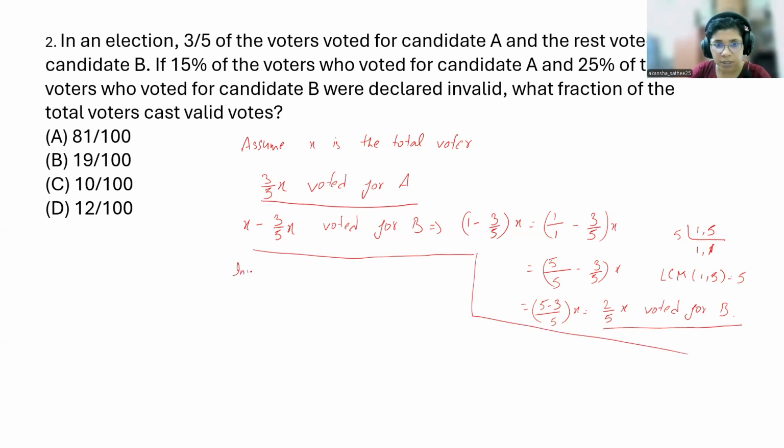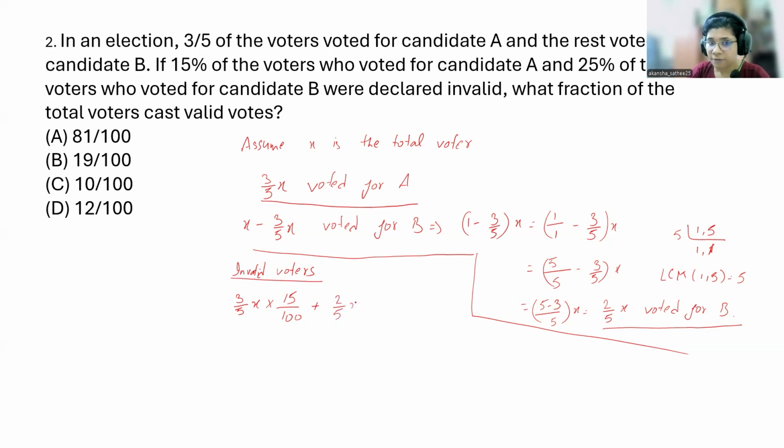So 3 by 5 X were total who voted for A. 15% of that is into 15 by 100. These are invalid voters who voted for A, plus 2 by 5 voted for B, no?